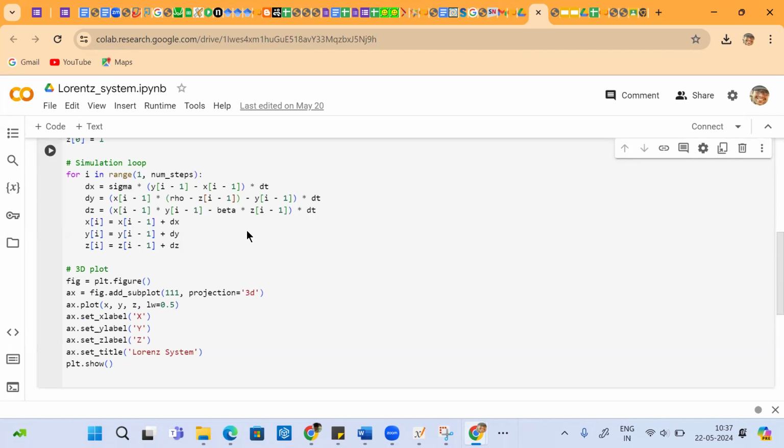For the plot, we use the x, y, and z values which we have iterated and stored in arrays, and the line width is 0.5. We have assigned labels to each of the coordinates and a title. For the simulation, we will look at how the plot works when we run this code.